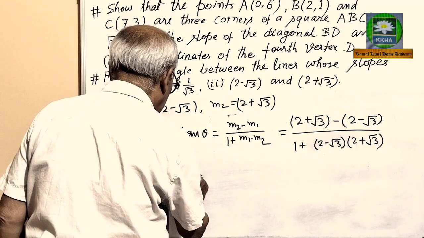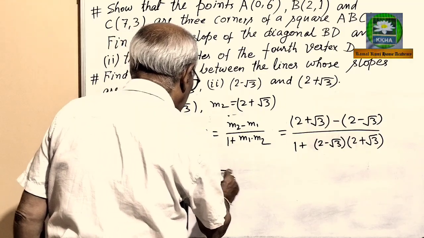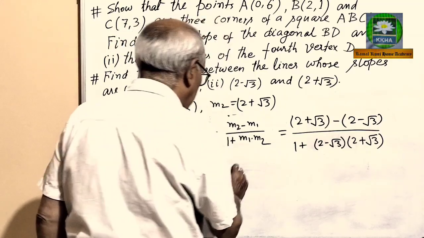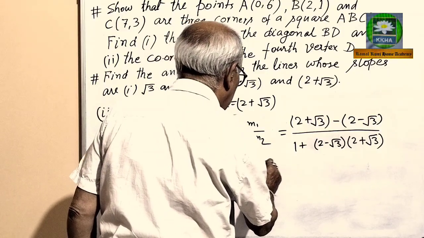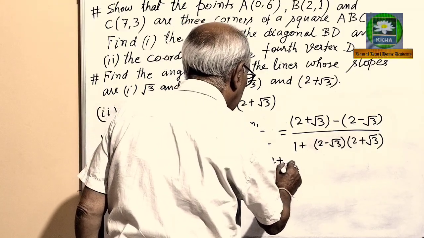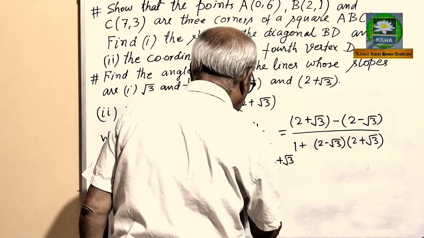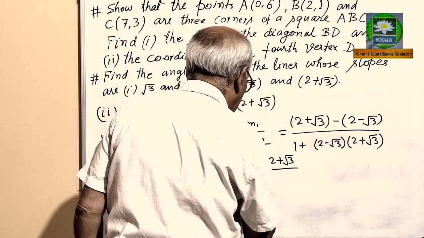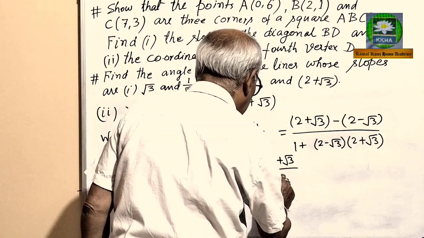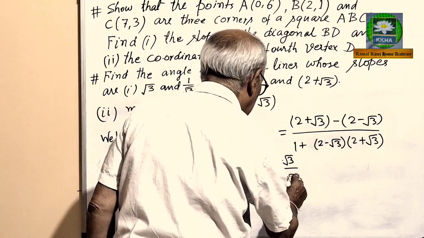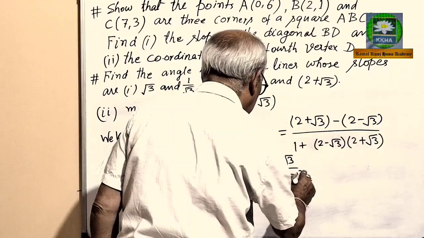So tan theta is equal to 2 plus under root 3 minus 2 plus under root 3 upon 1 plus 2 square minus root 3 square.